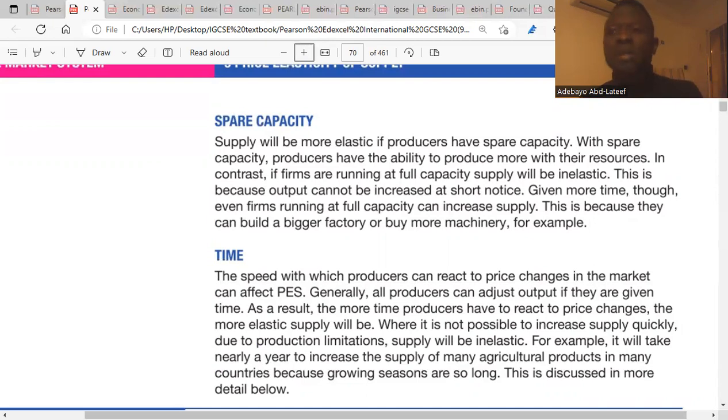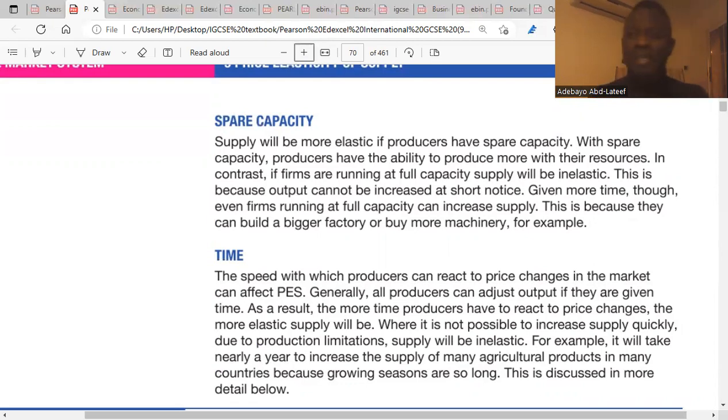If firms and suppliers have access to a bigger factory or more sophisticated machines, they'll be able to produce more because the price has increased. Then the PES for such products would be elastic.